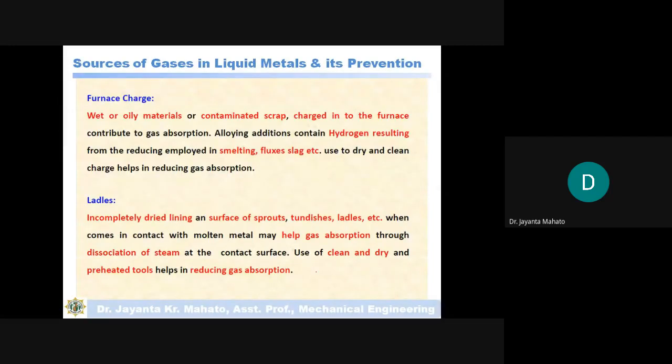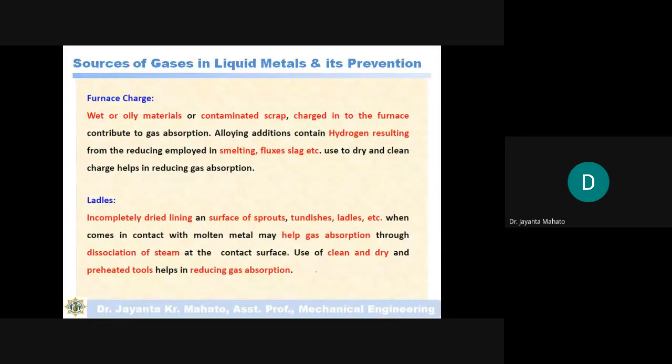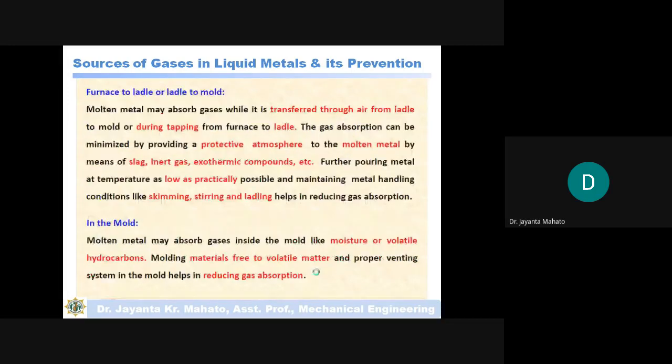So use of clean, dry and preheated tools helps in reducing gas absorption. Clean, dry preheated tools are to be used to minimize gas absorption.